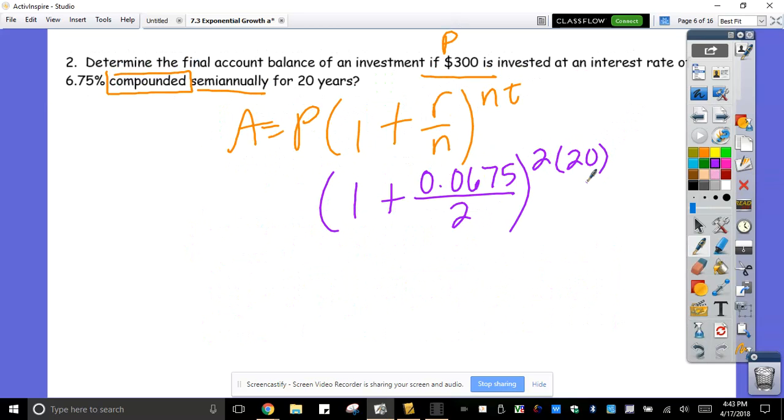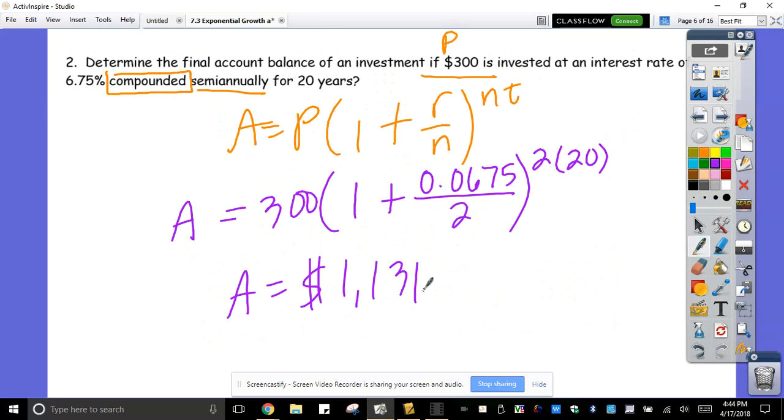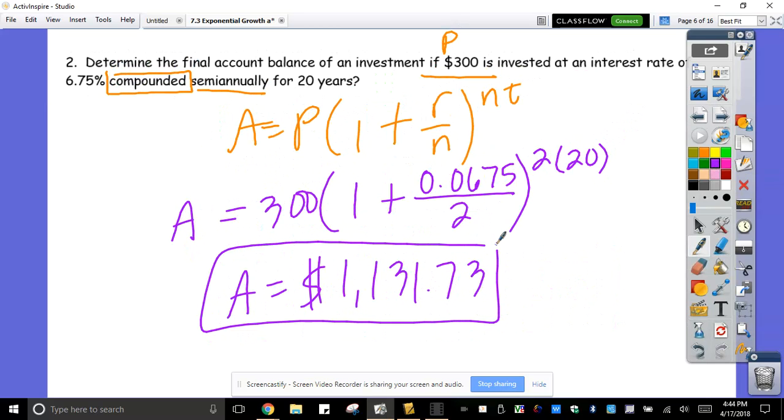And the principal is 300, and that's the P. This is how you show your work. I need to see where you put all the components of the formula. So 0.0675 divided by 2 plus 1, raised to 40, times 300. My answer is $1,131.73. Don't forget your unit, okay?